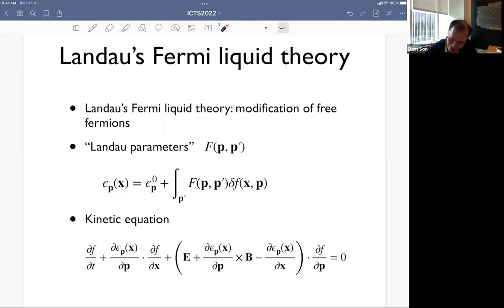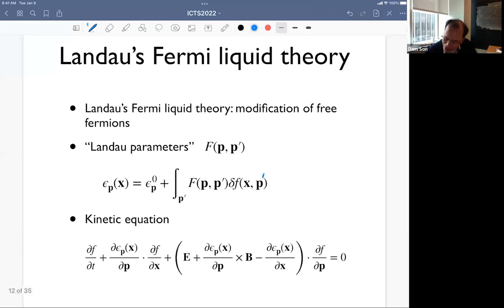The energy of this quasi-particle is the energy of a free quasi-particle plus a modification due to the presence of a quasi-particle at a different momentum p prime.